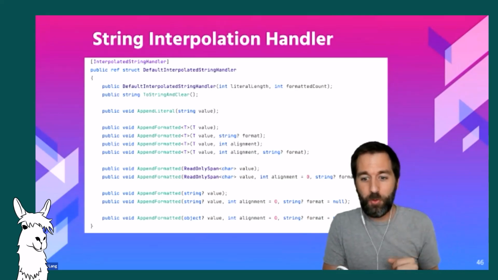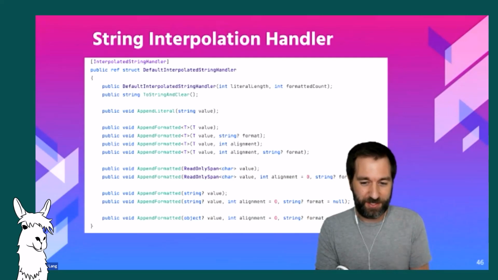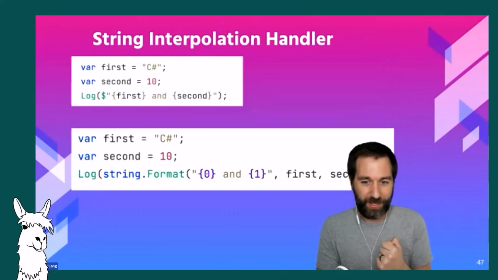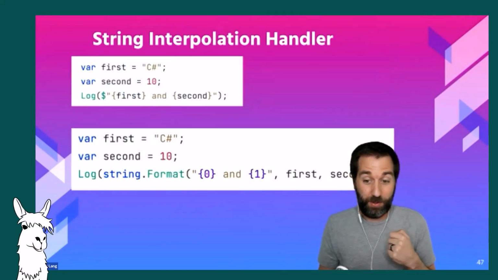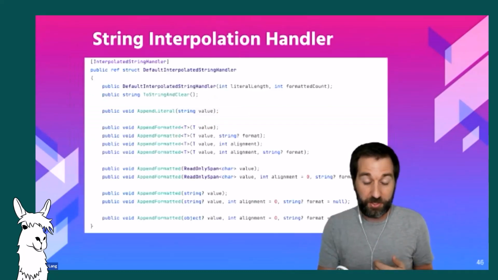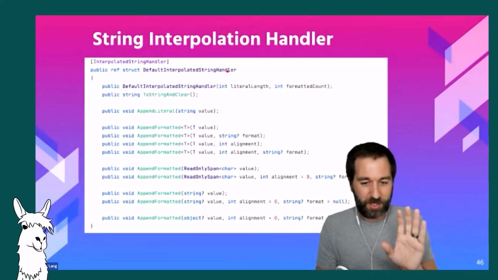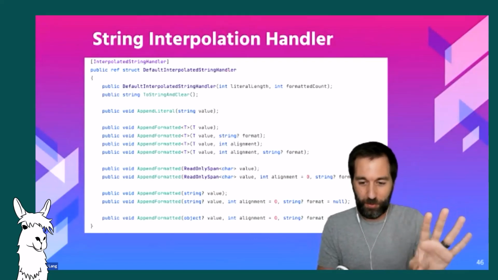Like the more commonplace way we're going to be taking advantage of this is in the framework itself. So Microsoft are shipping this default interpolated string handler in .NET 6, and I'll explain why that's good. So bear with me.